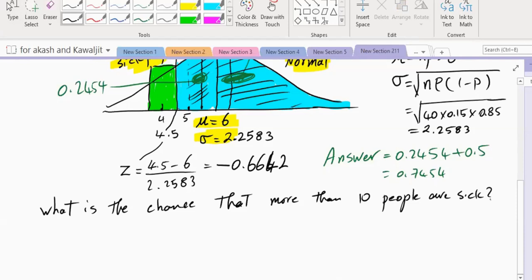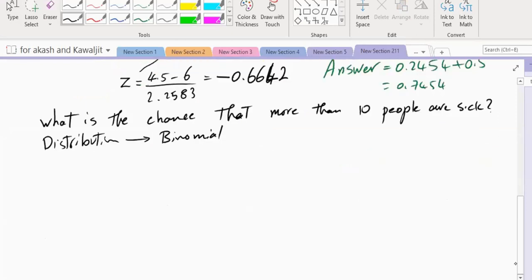So more than 10? Again, I ask you, what is the distribution? Binomial. Distribution is binomial, and we know its mean and its standard deviation. What I'm searching for is more than 10 people.